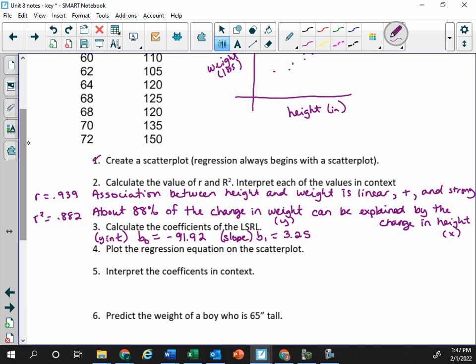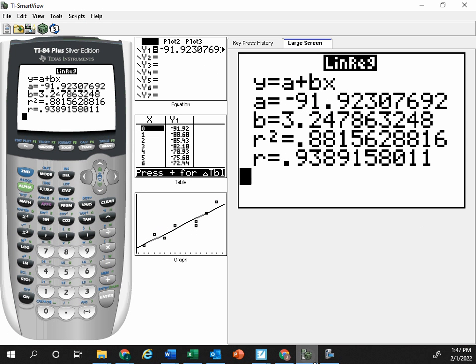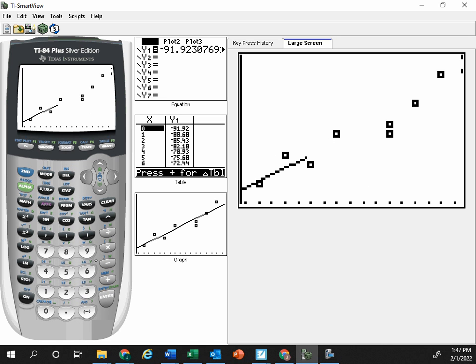So we've got our equation. All right, plot your regression equation on the scatter plot. So let's look at that on our calculator. Now that we've calculated all of this, go back to Zoom 9. And if you stored your regression equation, you should see it on your graph now. Okay.